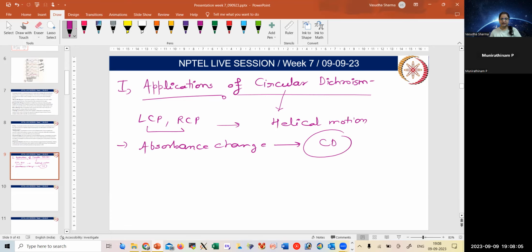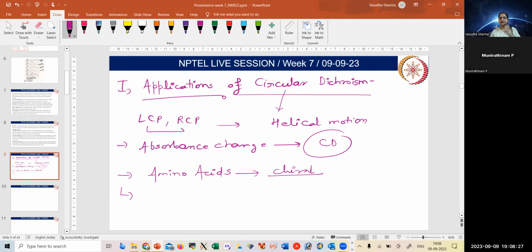Related to that, we saw how we see chirality in biological systems. We talked about the amino acids, and we saw they are chiral in nature except glycine. Why do we talk about the amino acids?